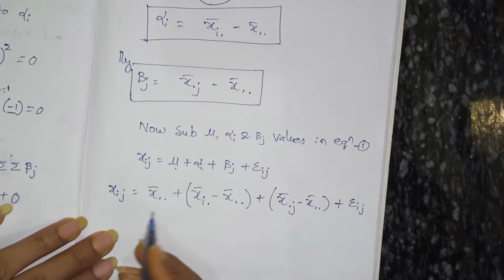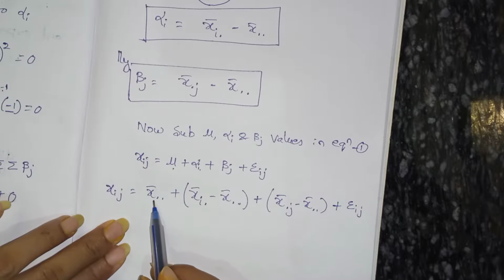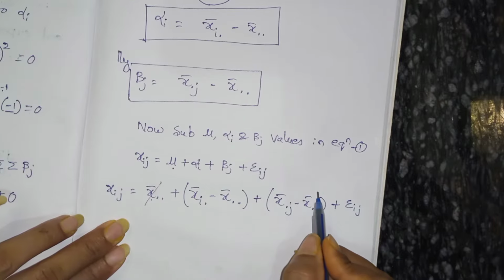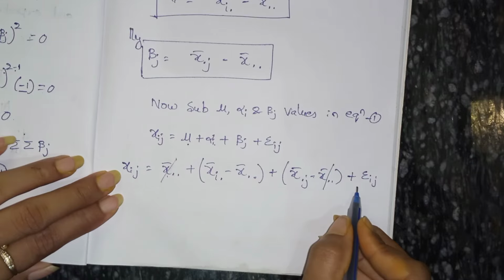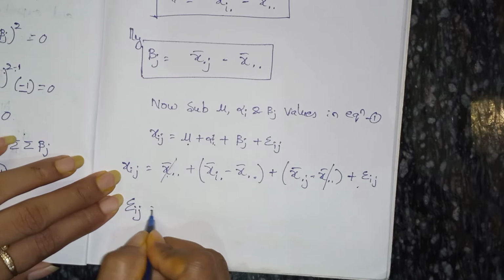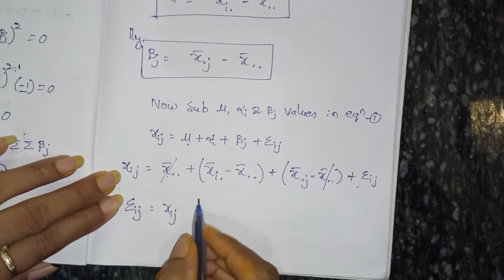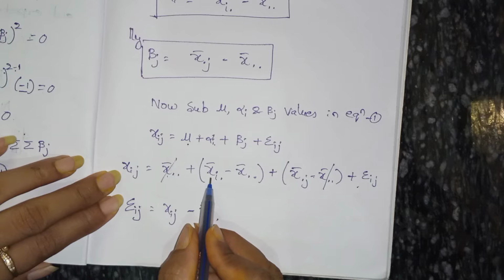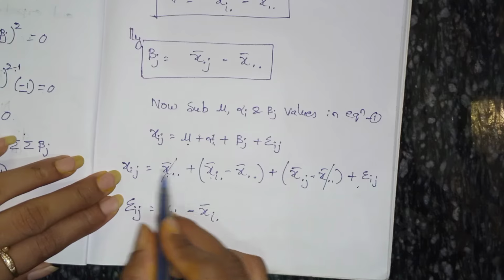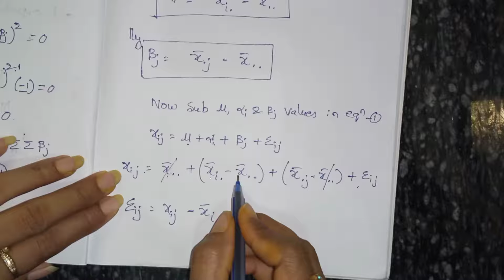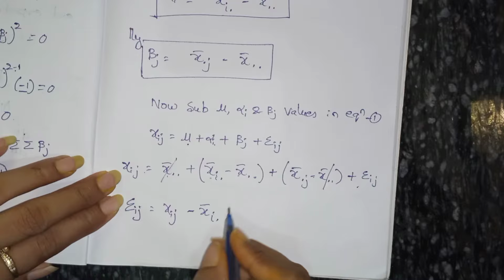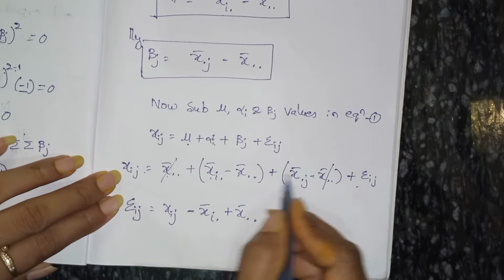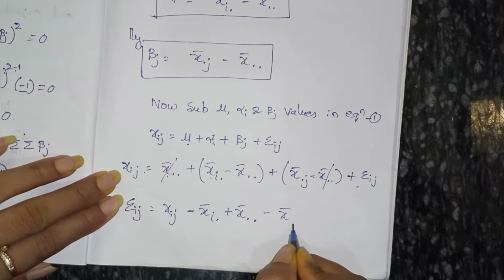Now we want the epsilon ij value. For that, the x bar double dot and this minus x bar double dot get cancelled. The remaining term is epsilon ij equals xij minus x bar i dot. This value becomes minus when it comes from RHS to LHS, and next this one becomes plus x bar double dot, and this value becomes minus x bar dot j.